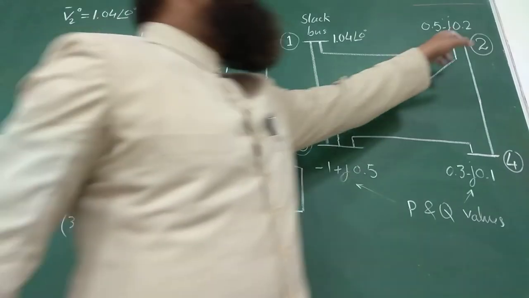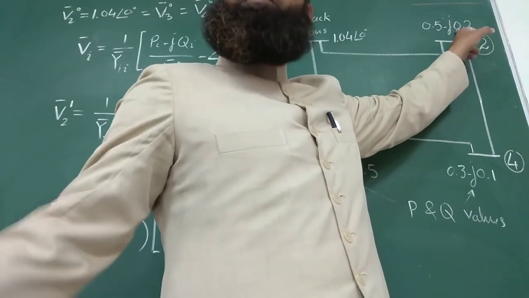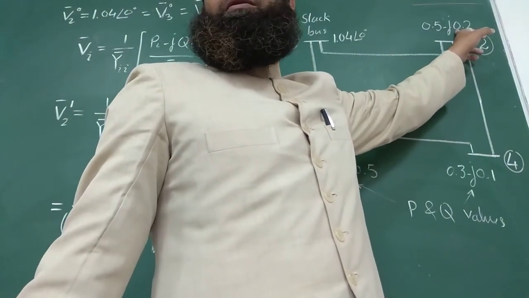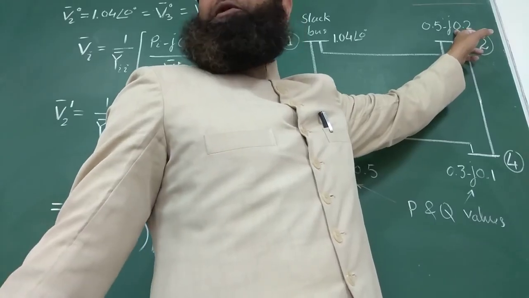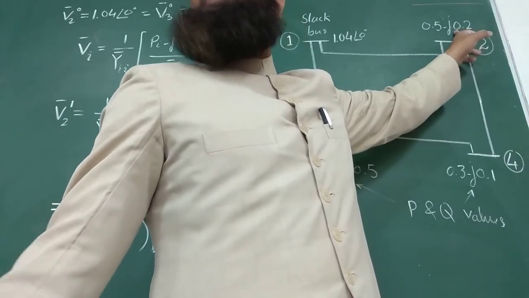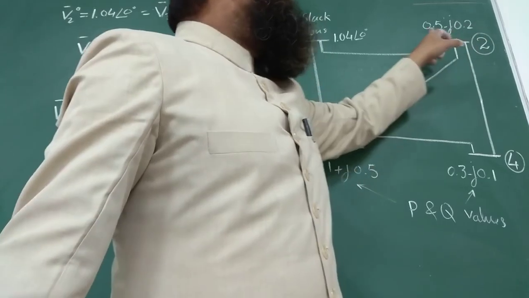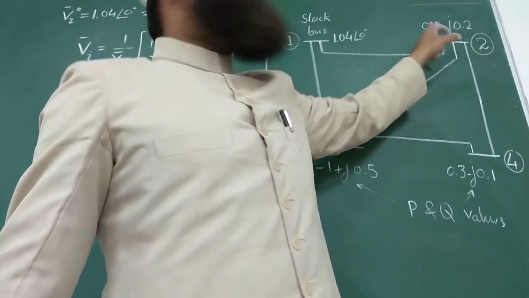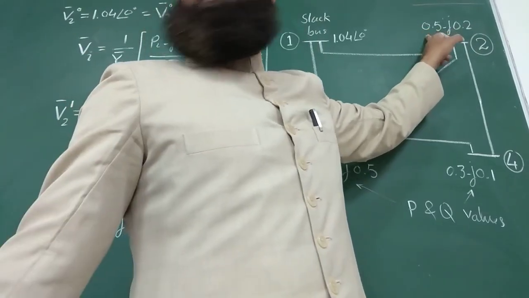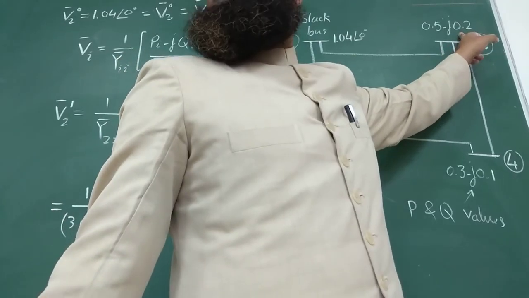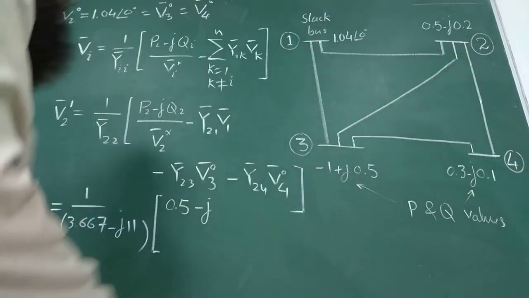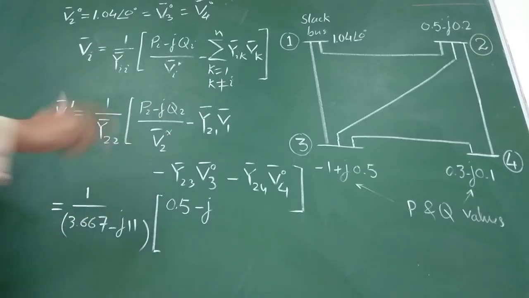Q2. And Q2 is minus 0.2. Be careful. P2 is 0.5, and if minus sign is there, then you need to take that. So Q2 is minus 0.2. In place of Q2 you will write minus 0.2.